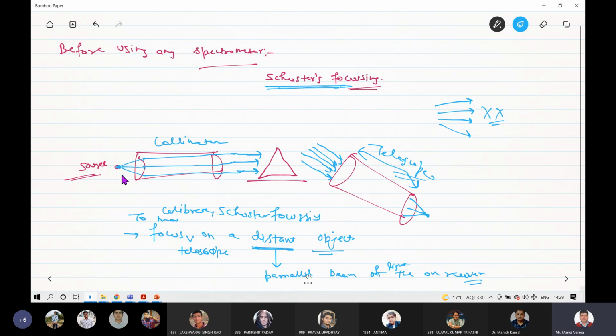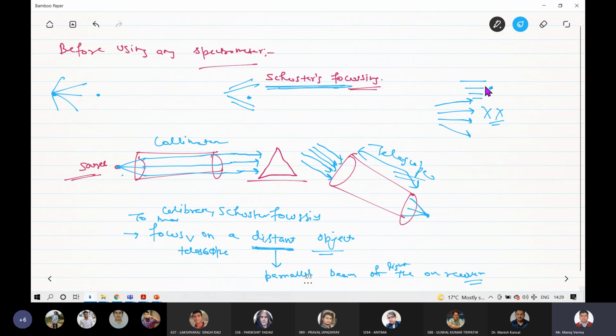For example, suppose there is a light source. At this point, you will see a divergent wavefront. At this point, the wavefront is slightly divergent now, not very much divergent. But at this point, you will feel it is a parallel beam. The more the distance between source and receiver, the more the divergence of the wavefront becomes less.